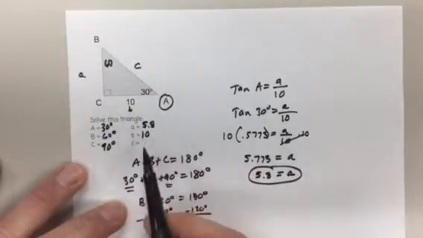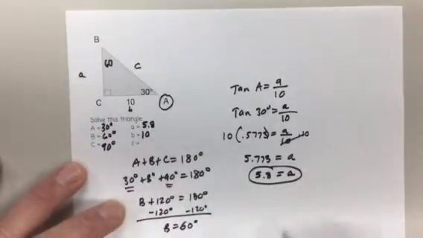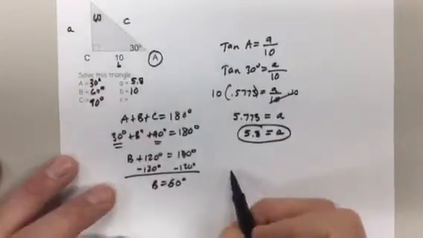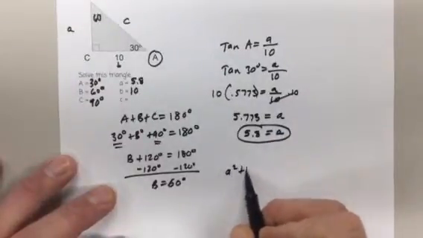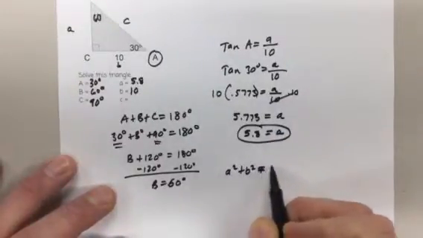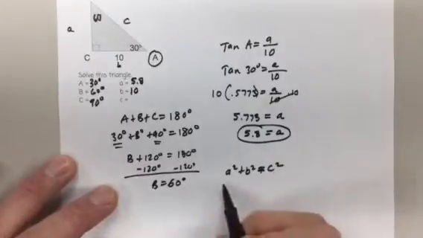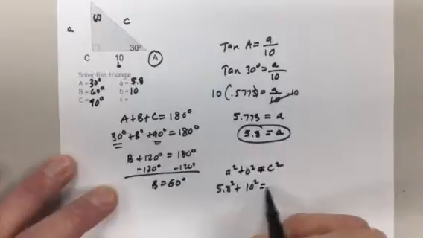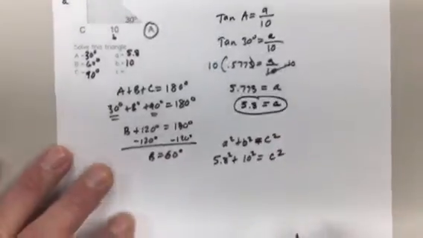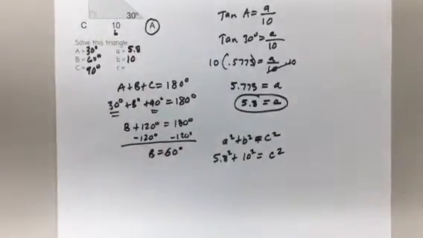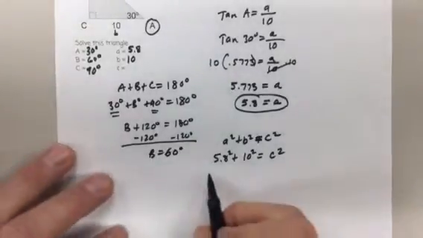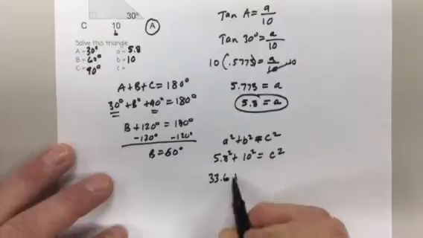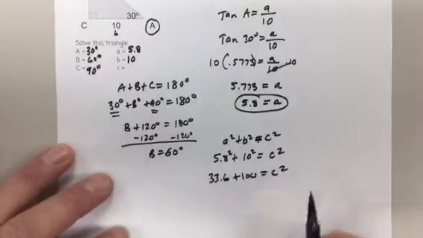Now I have 2 sides and I'm missing the third. When I have 2 sides, I can use the Pythagorean theorem. a squared plus b squared equals c squared. So a is 5.8, b is 10, and I'm not sure what c is. So I need to square these. 5.8 squared is 33.6. 10 squared is 100.